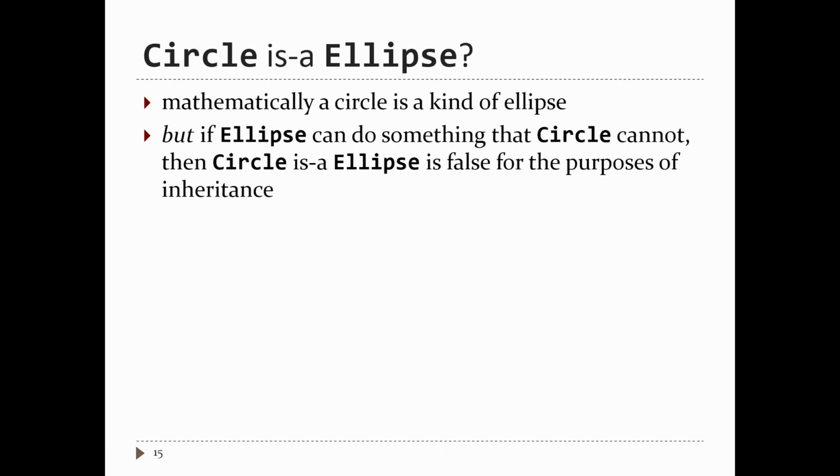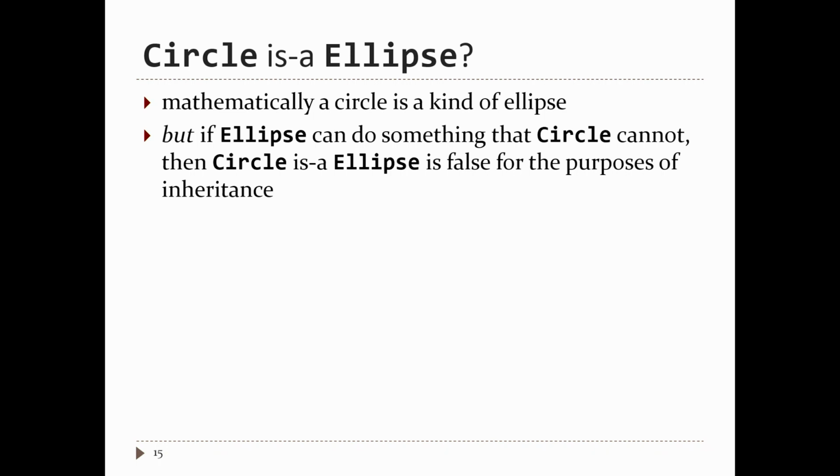Okay, so mathematically a circle is a kind of ellipse. That's a fact. What you have to remember, though, is that this is a computer program, it's not mathematics. So if an ellipse object can do something that a circle object can't, then circle is an ellipse is false for the purposes of inheritance.